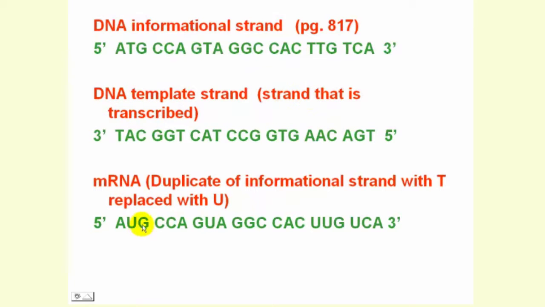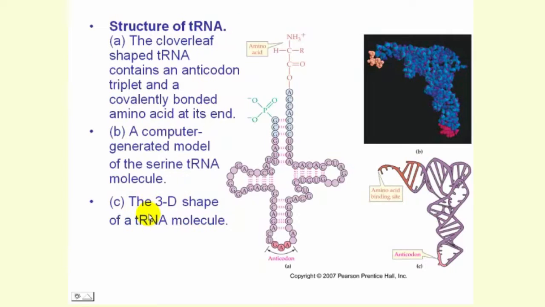So the messenger RNA is actually the complement of this strand, with each adenine replaced by a uracil. Or, remember, the messenger RNA is the DNA informational strand, same sequence, except that each thymine is replaced by a uracil.